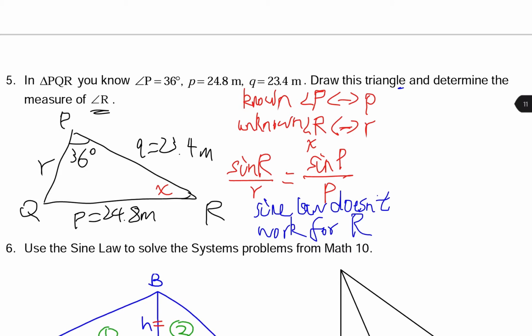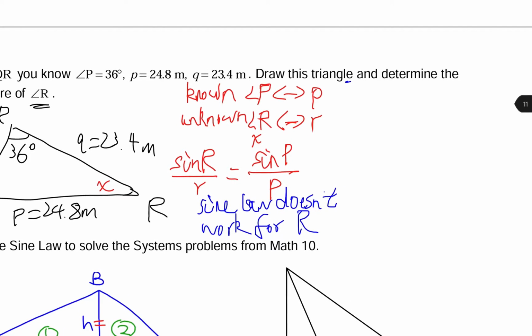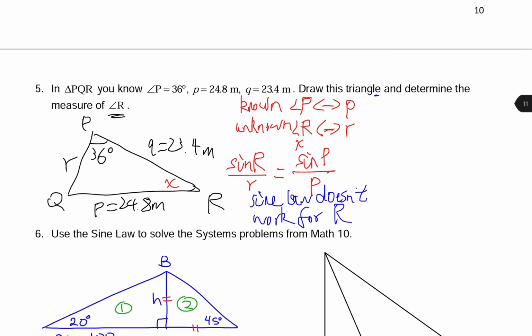Maybe find something else indirectly that can help us. Well, if we cannot find R, maybe let's find Q. If you get stuck, try to find something else that you can find. And that is problem solving. So let's stop here and do something else. What we're going to do is find Q instead.